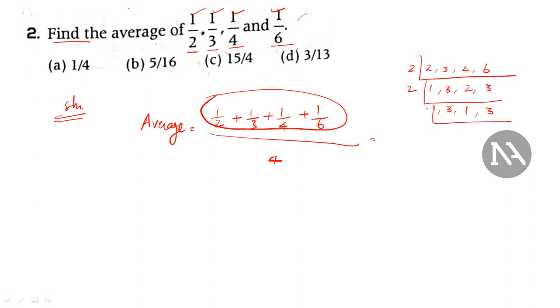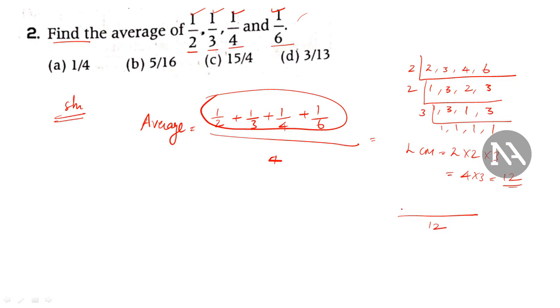Now I can divide by 3. So it is 1, 1, 1, 1. So the LCM here is 2 into 2 into 3, that is 2 2s are 4, 4 into 3 is 12. So the LCM of the denominators is 12.